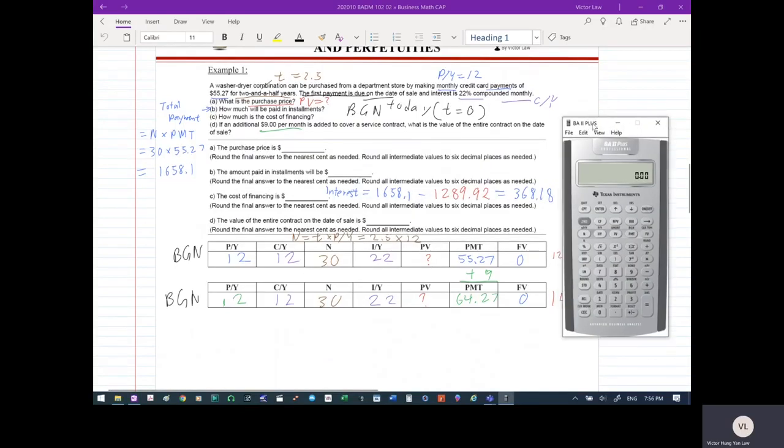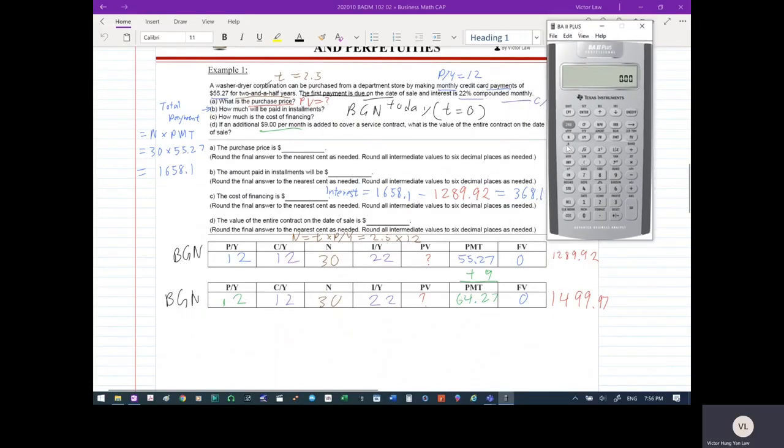We do it the same way as before. The only thing that's new is that now we set it to BGN mode. So it's second function BGN, second function set, second function quit. Now we set it to BGN mode, and then we go from left to right again. PY is 12: second function PY, 12, enter, go down to CY, 12, enter, and then you clear.